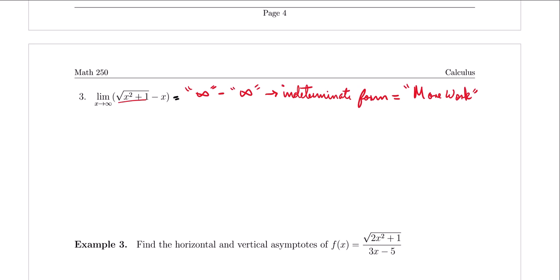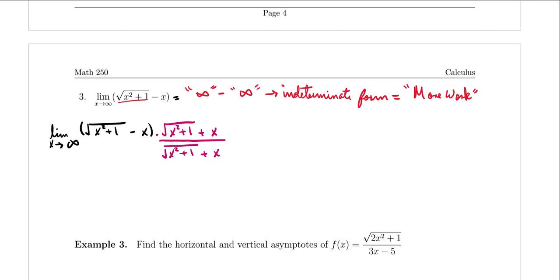So for this problem, I'm going to multiply by its conjugate, which gives us the limit as x approaches infinity of the square root of x squared plus 1 minus x times its conjugate, the square root of x squared plus 1 plus x. But remember, we're essentially multiplying by 1, so we have to multiply both top and bottom.